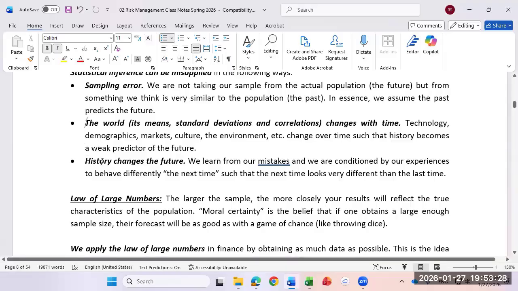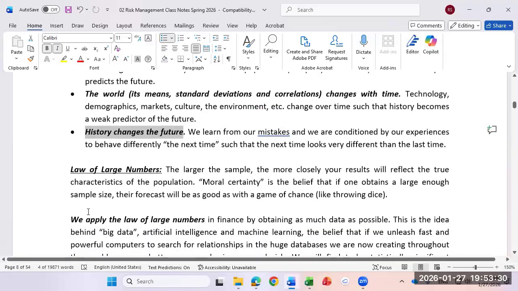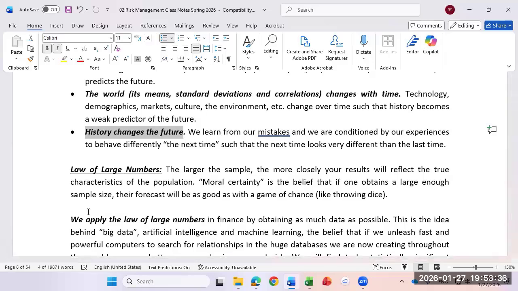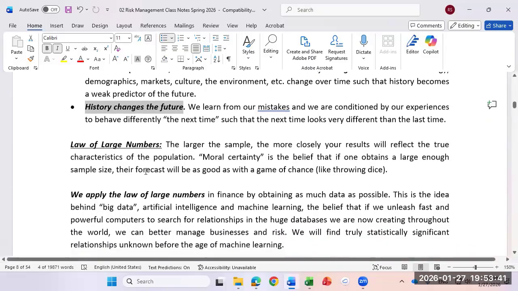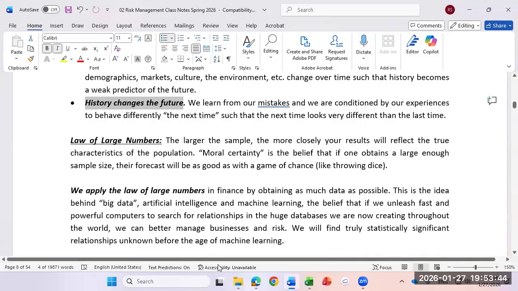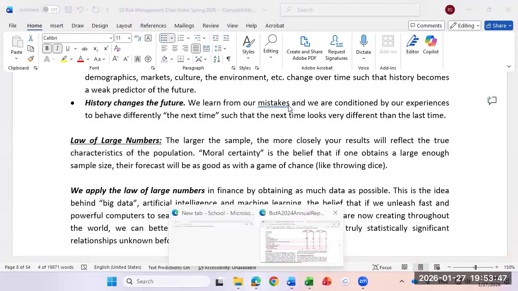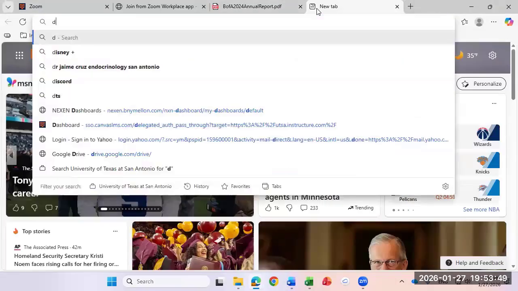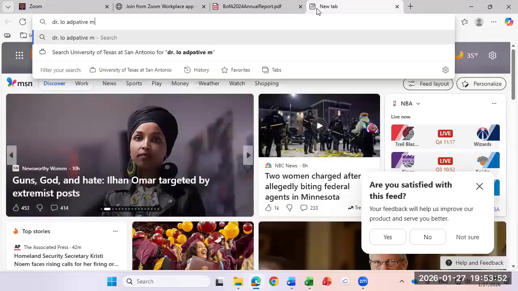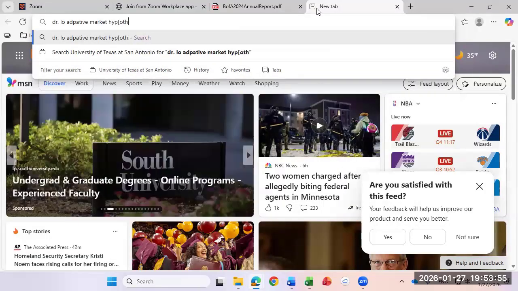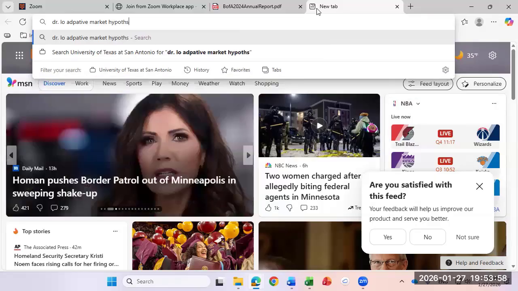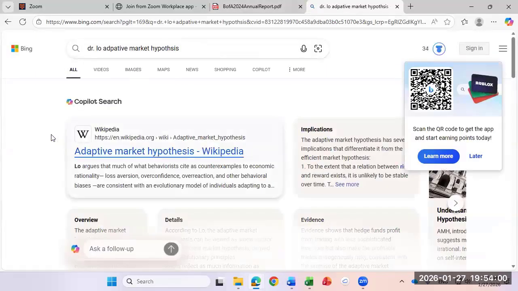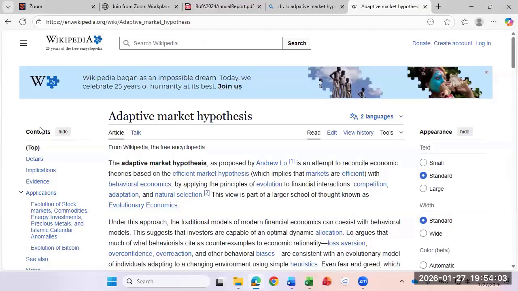The other problem we have is because we're sampling in the past, history actually changes the future. As we go through 2008, we act differently going forward. So it actually changes the way we behave. We learn from our mistakes. Dr. Andrew Lo, he's at MIT.